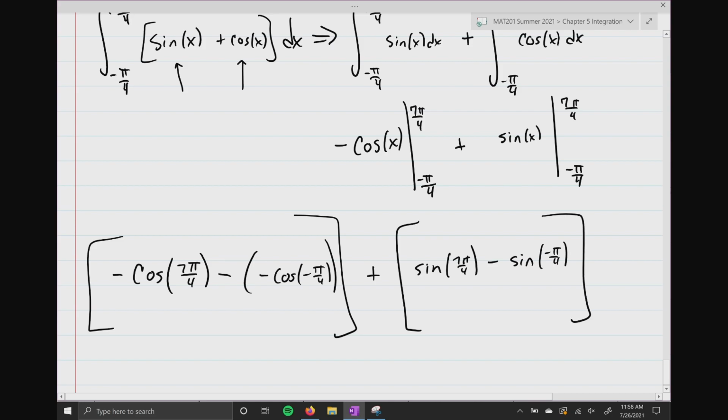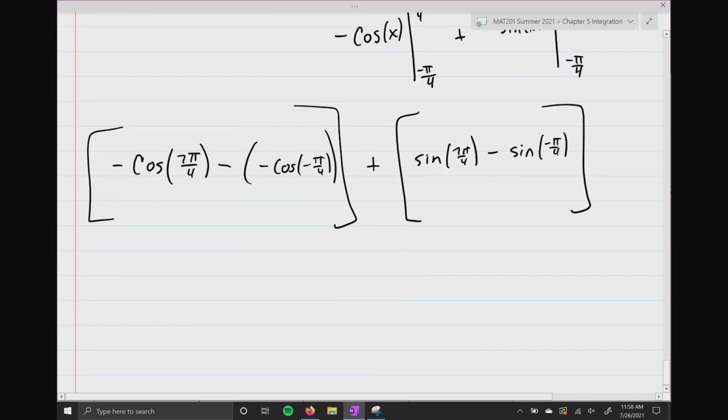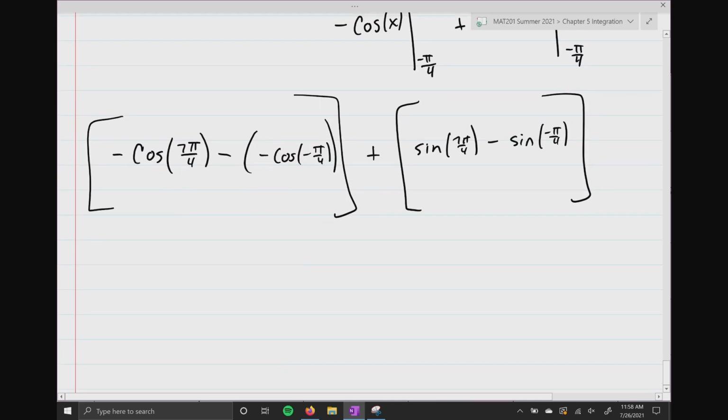All right, and using our trusty unit circle, the negative cosine of 7 pi over 4, well, that's going to be negative square root of 2 over 2 minus, and then this is also going to be negative square root of 2 over 2.